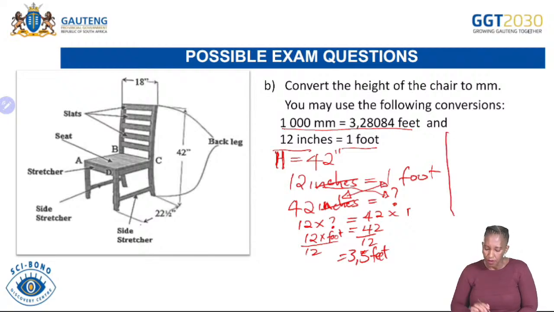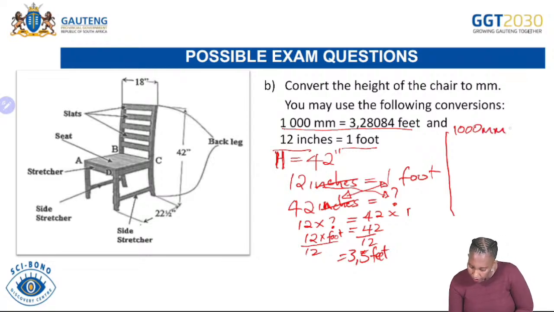To millimeters. And then we quickly use our conversion table there, which is 3,28084. And then now we are placing. We say, okay, what is unknown? The millimeters is unknown. What we know is the feet.